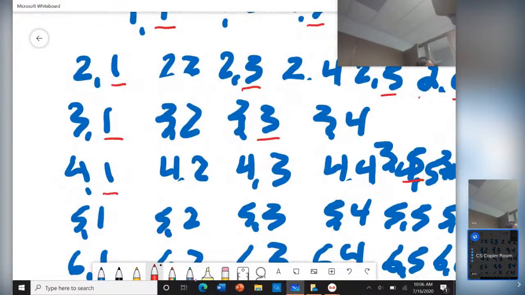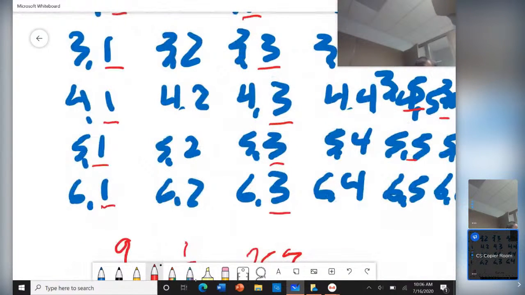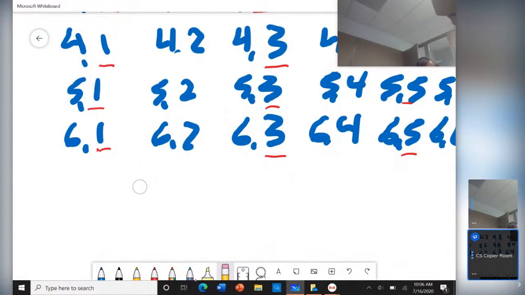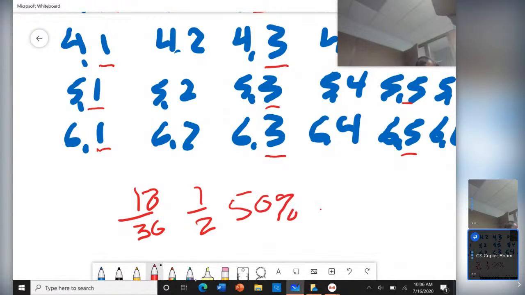Here, here, 5 there, there, there, there, there, and there. So that is going to be 18. So 18 times you'll get an odd number on the second dice out of 36, and that's 1/2. Or if they ask you percent, it would be 50%. Okay.